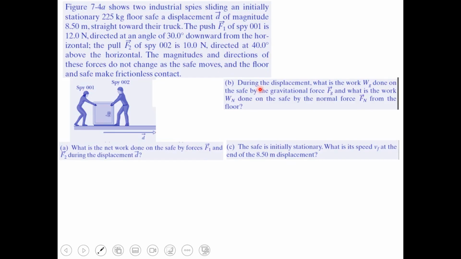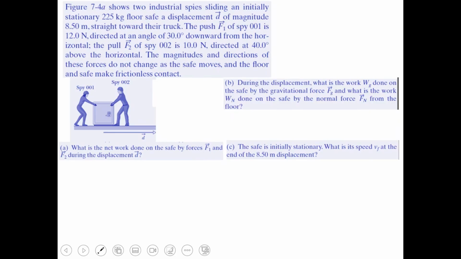Okay, so let's solve an example. I have here two industrial spies. They're sliding an initially stationary 225 kilogram floor safe at displacement D of magnitude 8.5 meters. So the distance here is 8.5 meters, straight toward their truck. The push F1 of SPY 001 is 12 newtons directed at an angle of 30 degrees downwards from the horizontal.